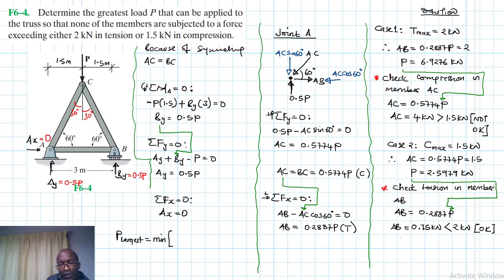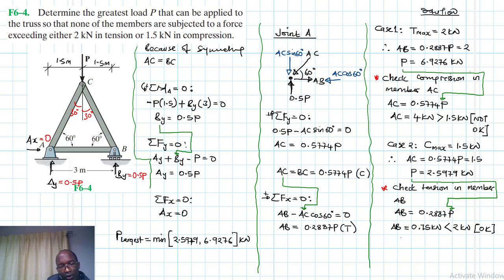So we have one which is equal to 2.5979, the other P was 6.9276.